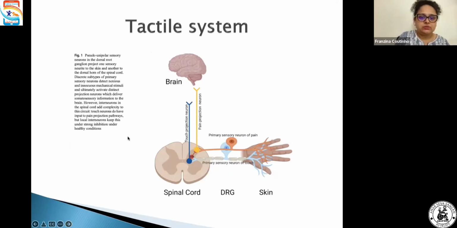So let's go on to the tactile system. What I want you to see over here, right? You have the brain, okay? You have your dorsal column. You have one pathway over here, okay?